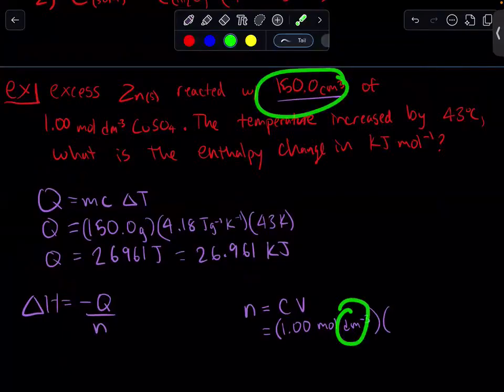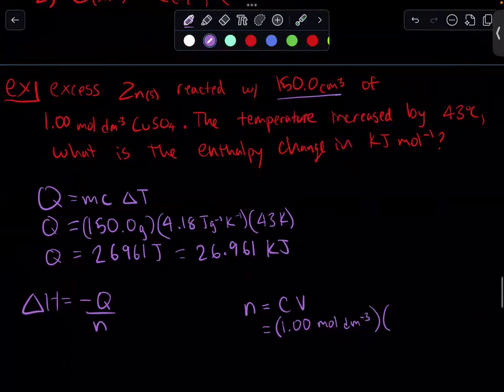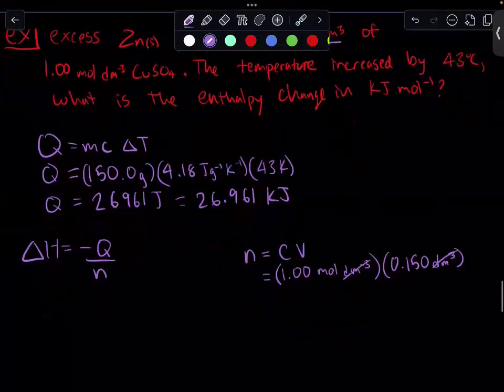We need decimeters cubed. We know we can make the conversion by dividing by 1,000. So this is going to be 0.150 decimeters cubed. That will cancel with that, and we get our moles to be equal to 0.150.